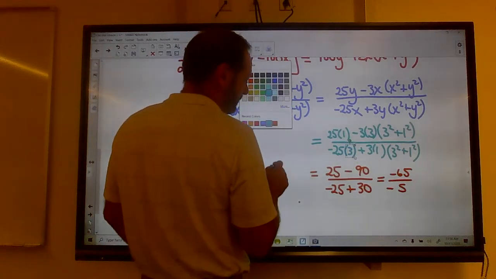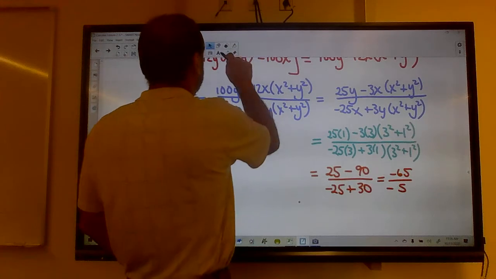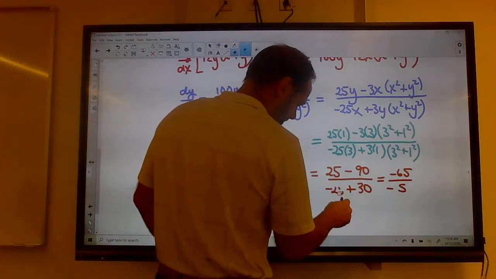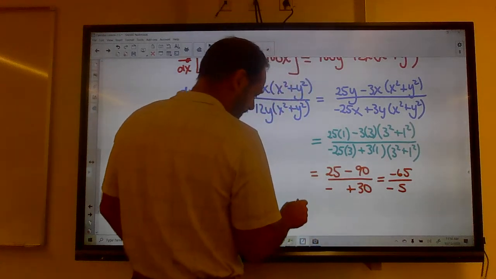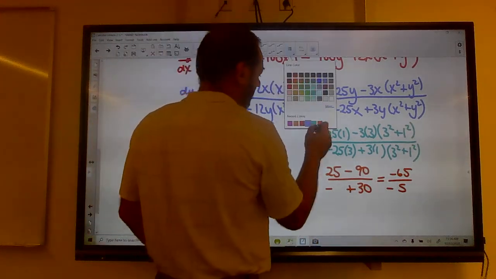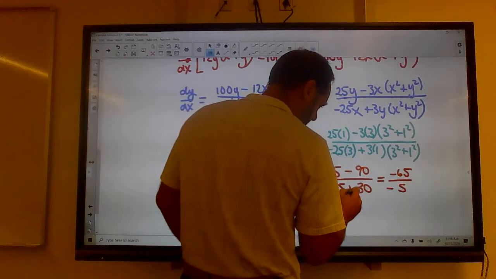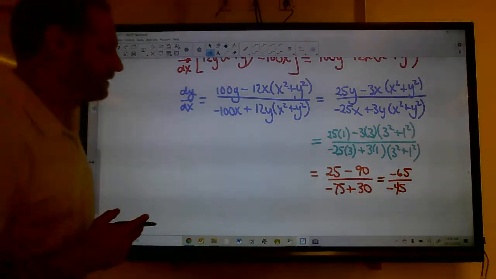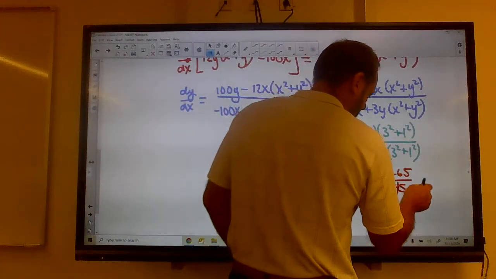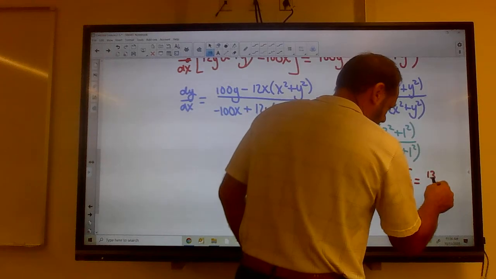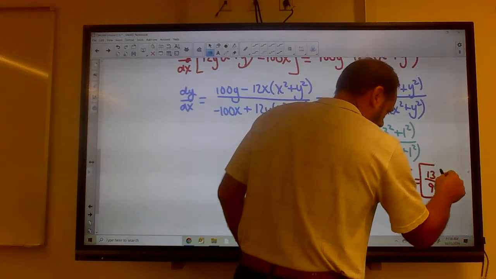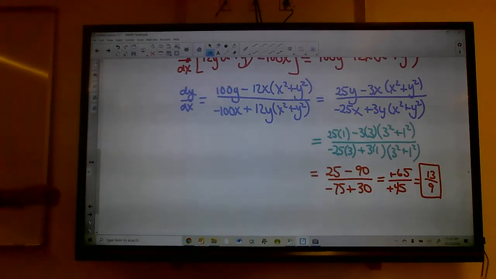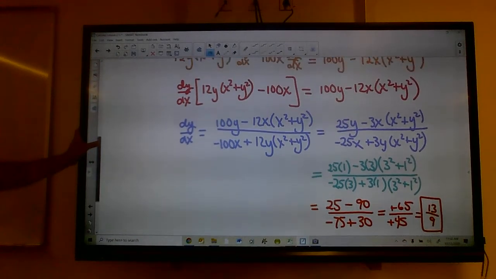And then that makes this negative 75, and that makes that negative 45. And now the negatives cancel. And 5 goes in there 13 times, and 5 goes in there 9 times, and my slope is 13/9. So you got quite a bit of work there to find 13/9, but there you go.